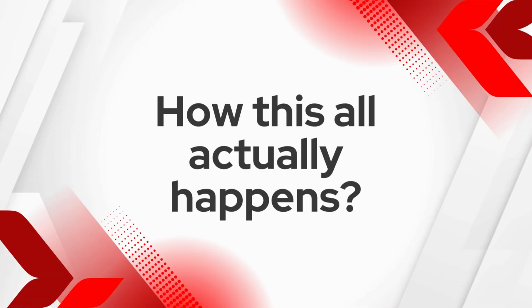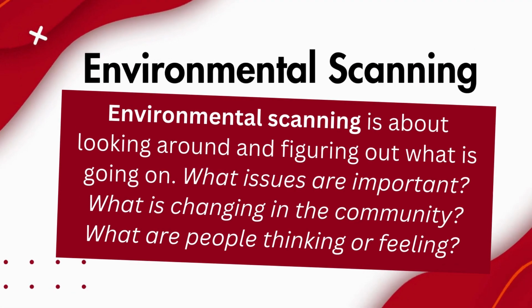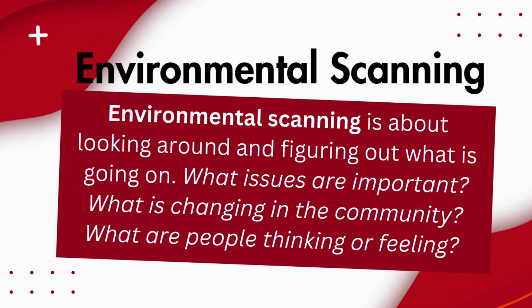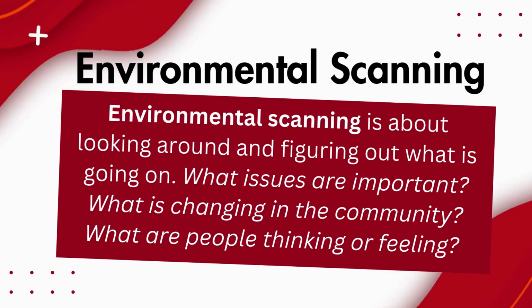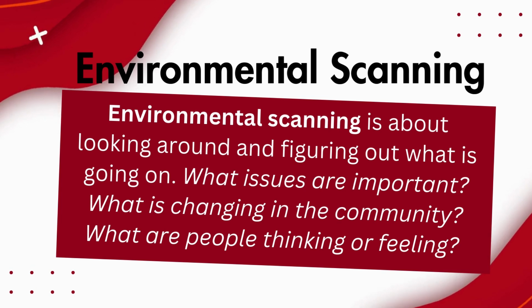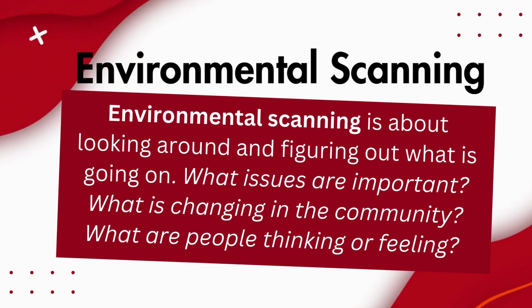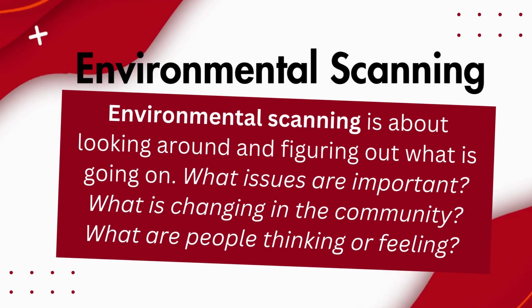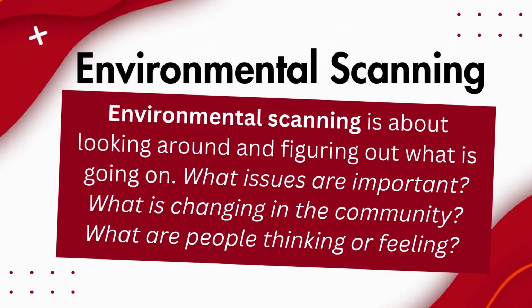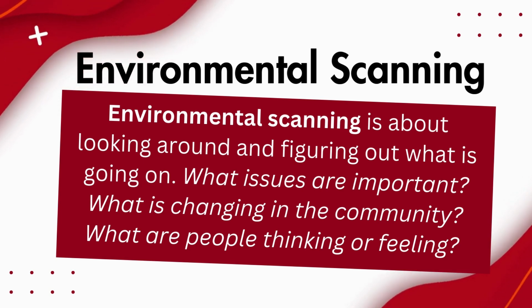Now, let's talk about how this all actually happens. The first major step in social marketing is what we call environmental scanning. This is about looking around and figuring out what is going on, what issues are important, what is changing in the community, what are people thinking or feeling.